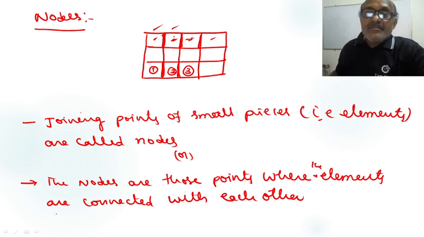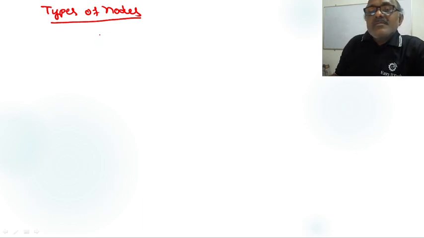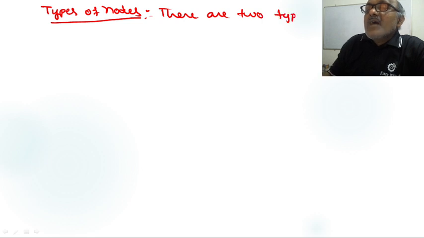All of it clear? So next one, types of nodes, my dear students. What are the different types of nodes? There are two types of nodes.